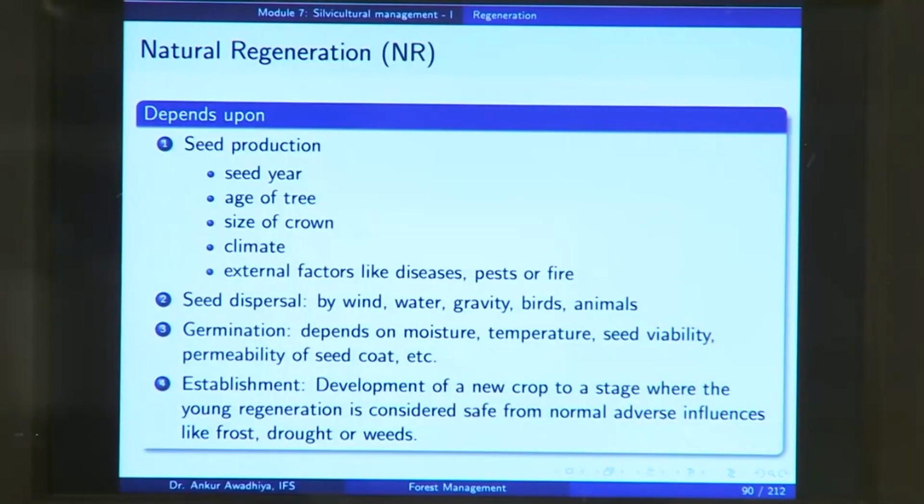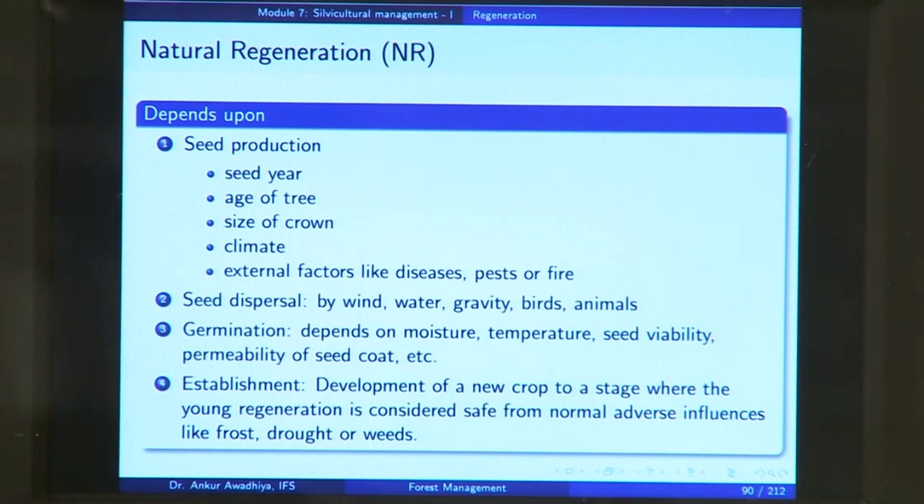So, what will happen in that case is that, because you do not have any control, your forest will not regenerate. So, it depends a lot on the seed production in that year, which depends on seed year, age of the tree, size of the crown, climate, external factors.